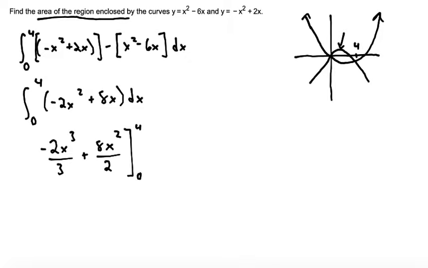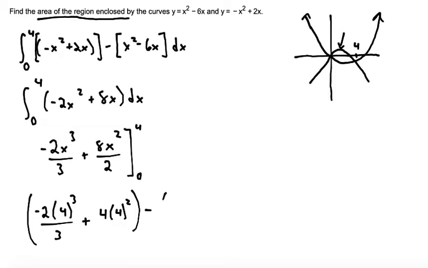So then plugging in the top makes negative 2 times 4 cubed over 3, plus the 8 over 2 goes to 4, 4 times 4 squared. And then minus, plugging in the 0 will just make 0.